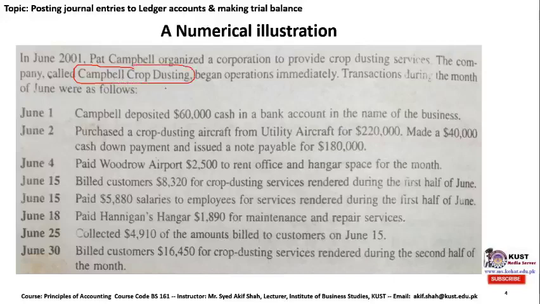And it will begin operation immediately. The moment they have established this corporation, it will start its operation. The transactions during the month of June were as follows. So we have a couple of transactions in the month of June 2001 upon which we are required to make the journal entries.